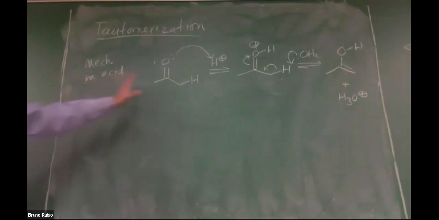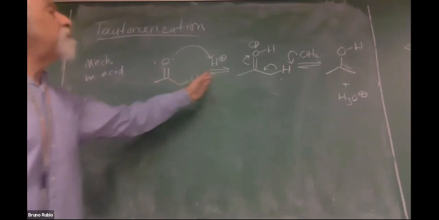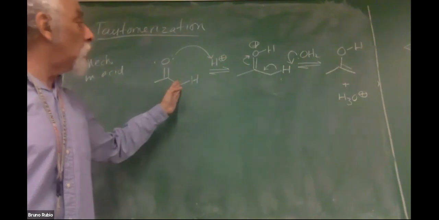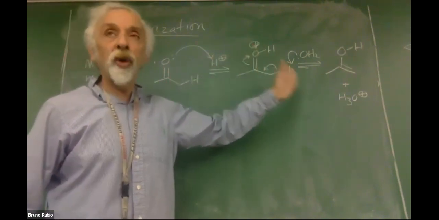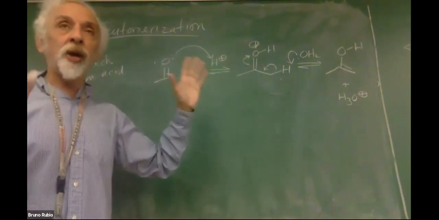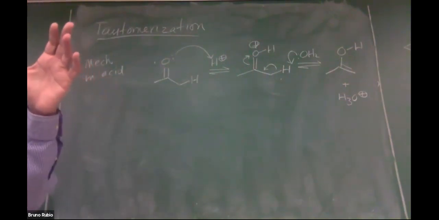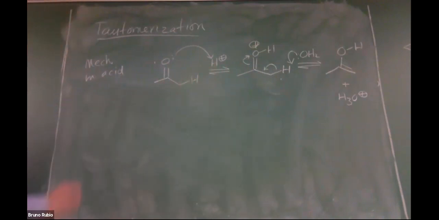So the mechanism of tautomerization in acid is simply a protonation followed by a deprotonation. You take a proton, you add a proton, and you take a proton away somewhere else in the molecule. We've seen this plenty of times, especially with our acetal mechanism and also with our imine mechanism. Okay, so that's the mechanism in acid.